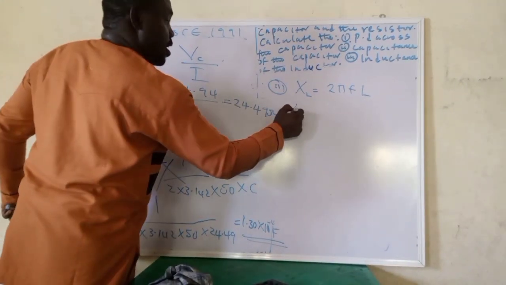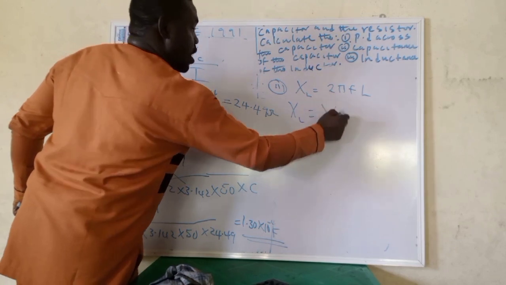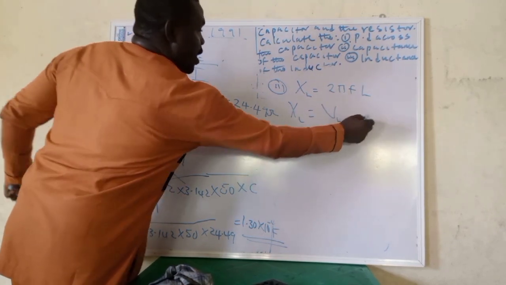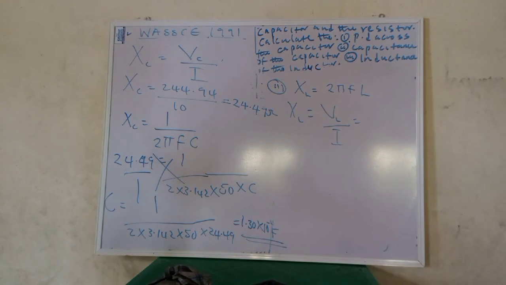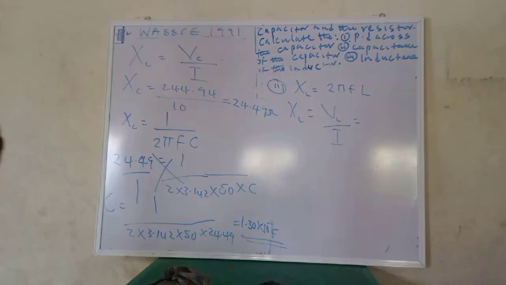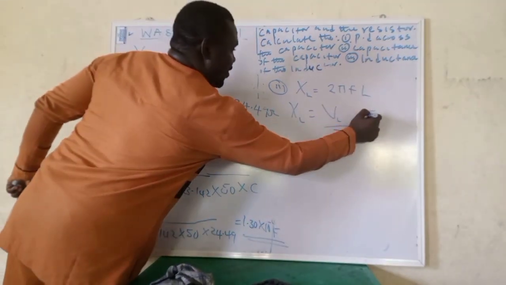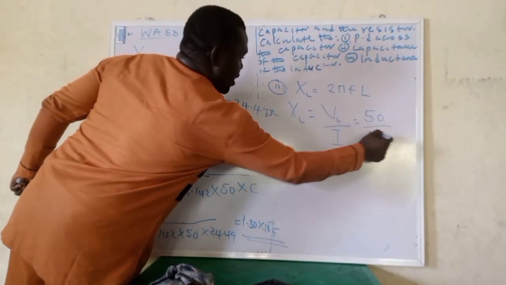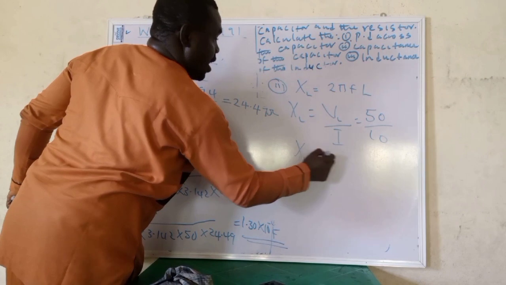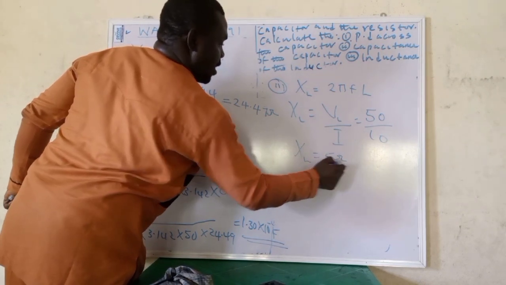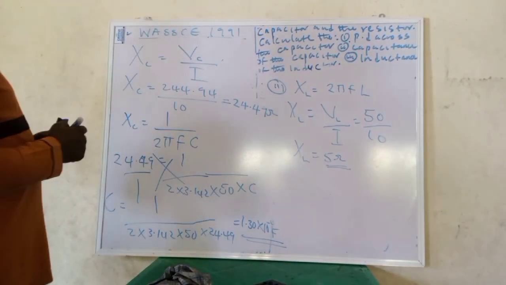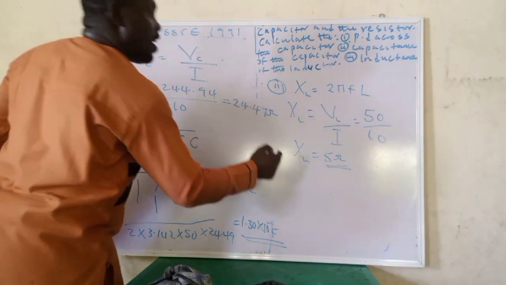VL over I. Where do you have VL? Was it given to us? Yes, it was given.